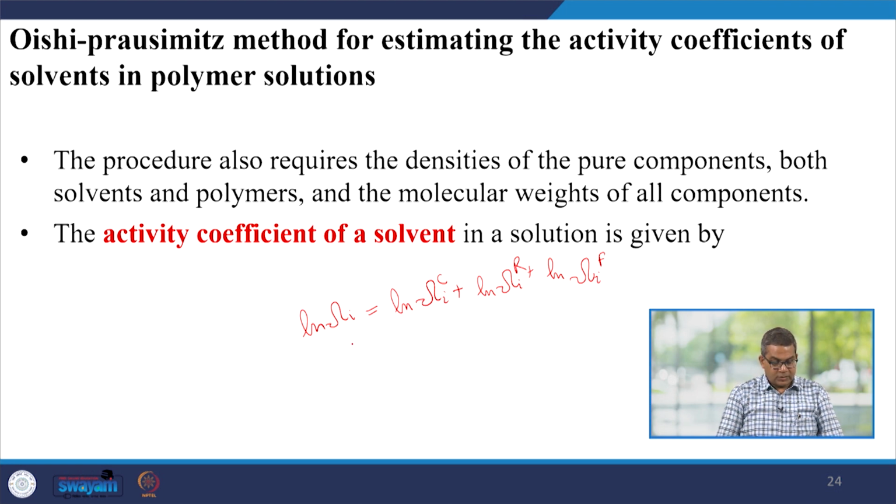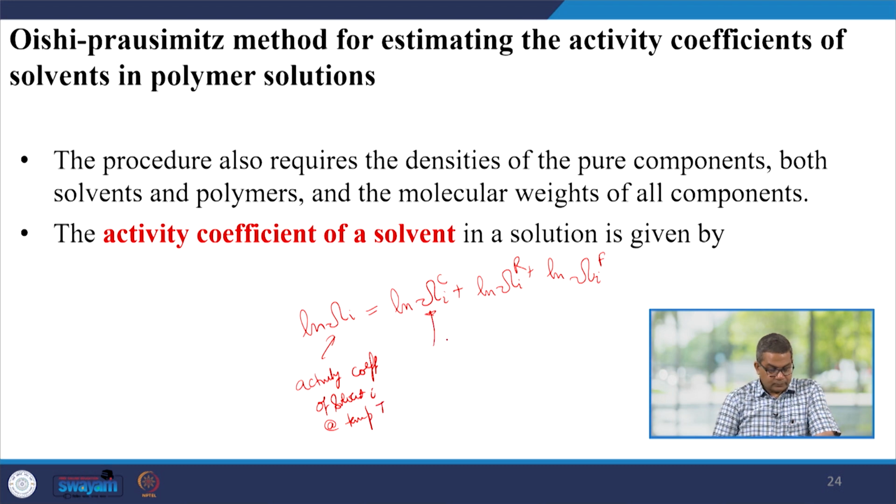where this ln omega I is the activity coefficient of solvent I at temperature T, and this is the ln omega I C, the combinatorial contribution to the activity coefficient.